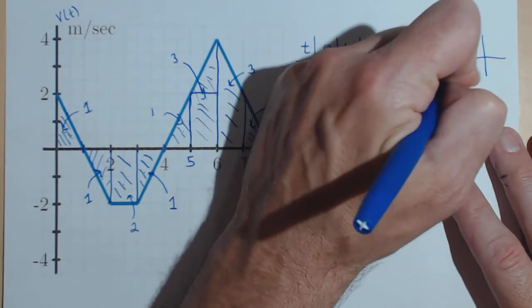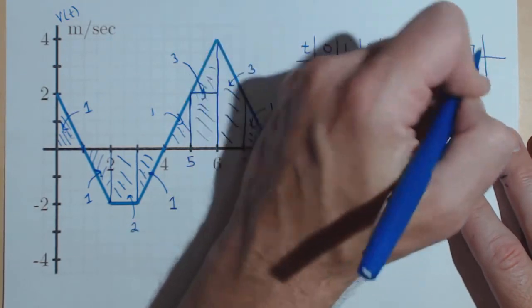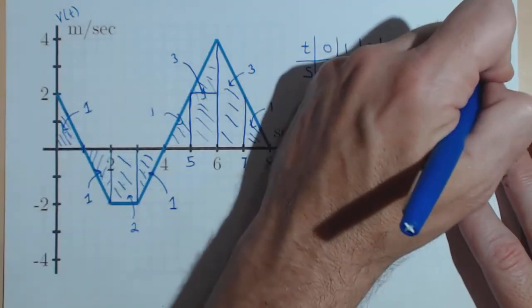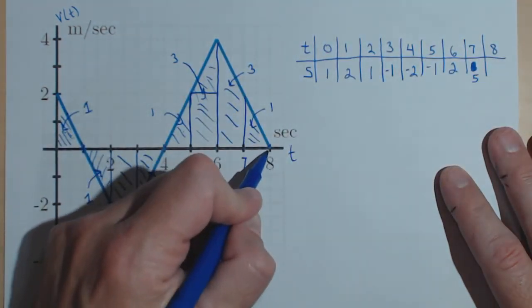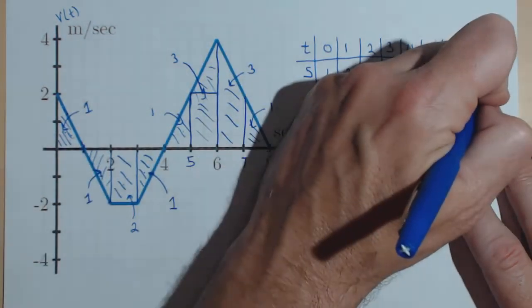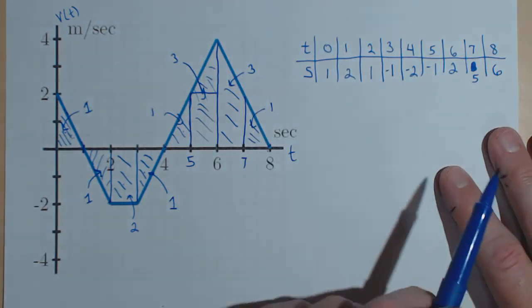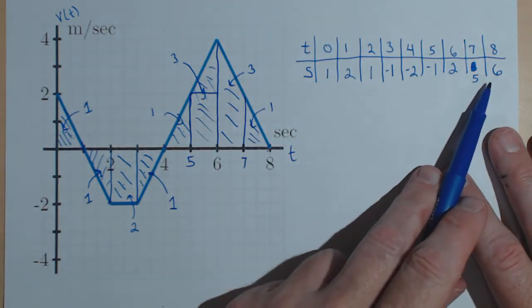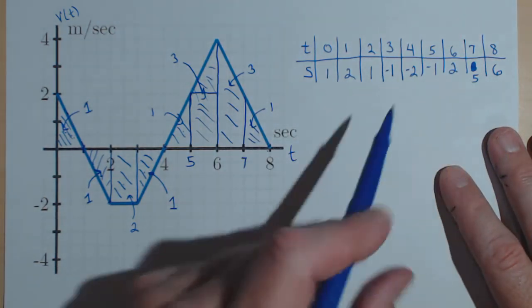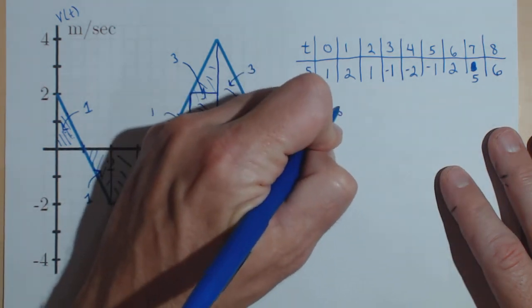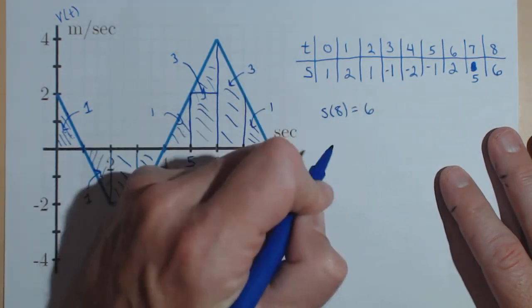Sorry, this shouldn't have been 3. He was at 2. He moved forward another 3 meters, so now he's at 5. And then between 7 and 8 seconds, he moved forward another meter. He's at 6. So his position at 8 seconds, or we could say S of 8 equals 6.